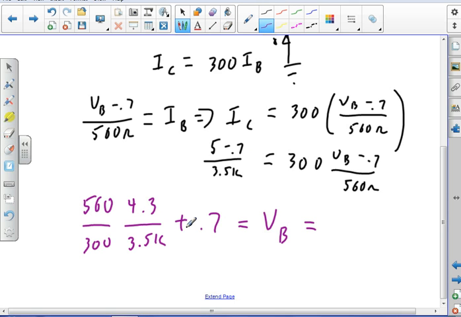Now, let's see if I can make my calculator work. 560 divided by 300 times 4.3 divided by 3500 plus 0.7 equals. And I show 700 millivolts. So at 700 millivolts on the base, this thing is going to be in saturation.